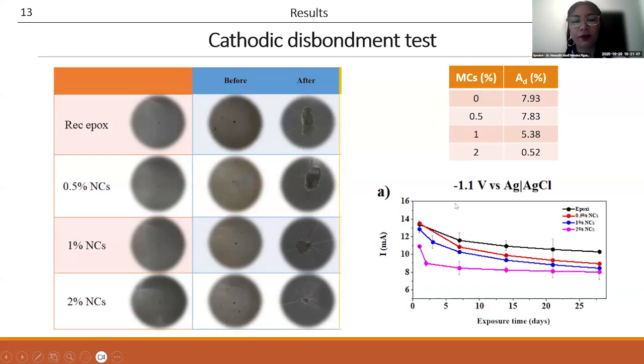Similarly, the current required to maintain -1.1 volts in the sample decreased as the concentration of microcontainer increased. This is likely due to the zinc oxide's semiconducting nature, which helps store charge and form a passive layer.